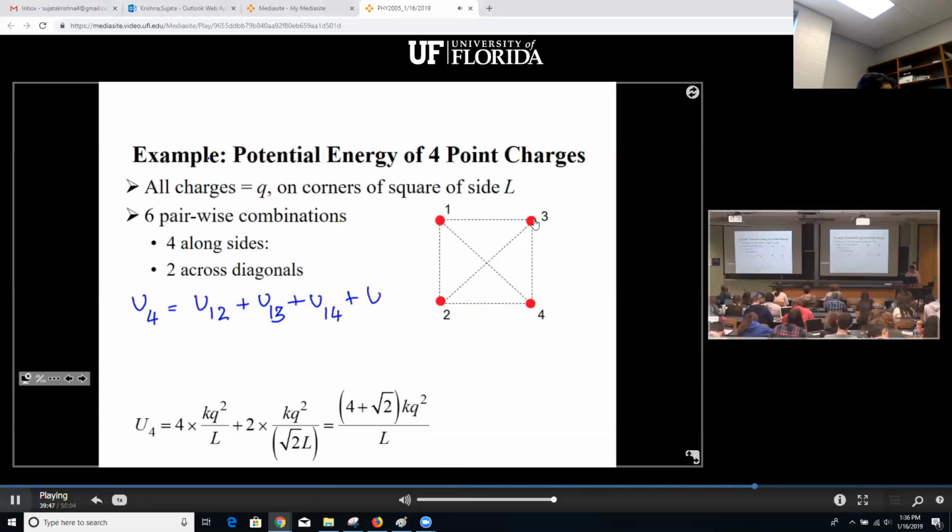Then 2 with 3, plus 2 with 4, and then 3 with 4, and then we're done, because every interaction with 4 we've already counted. Okay, so now let's look at one of these. Let's say we look at U12.